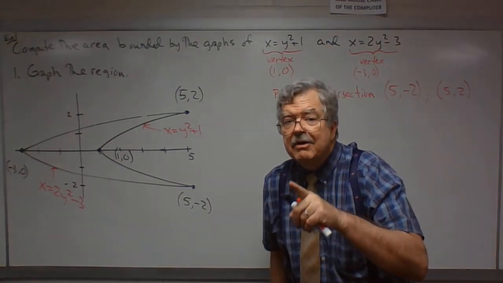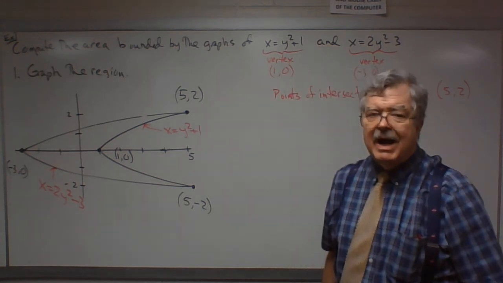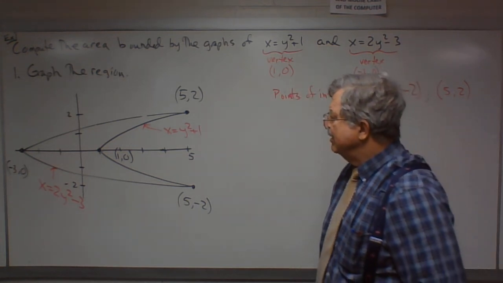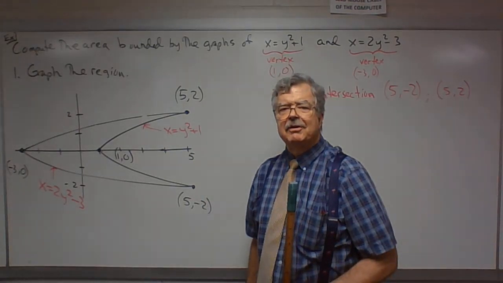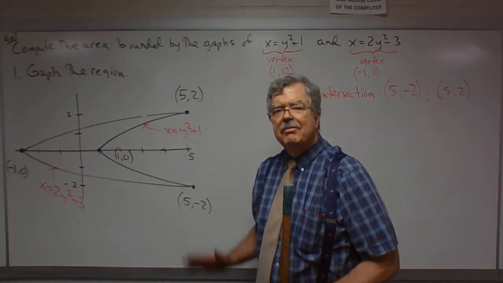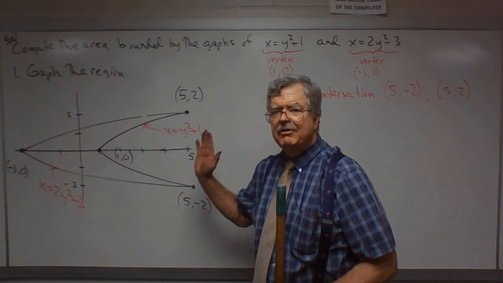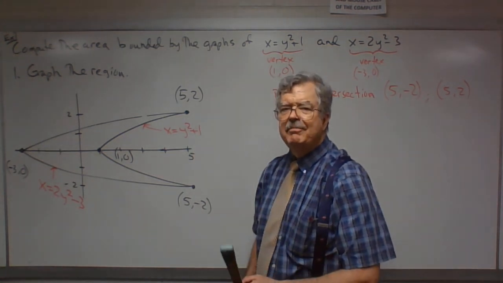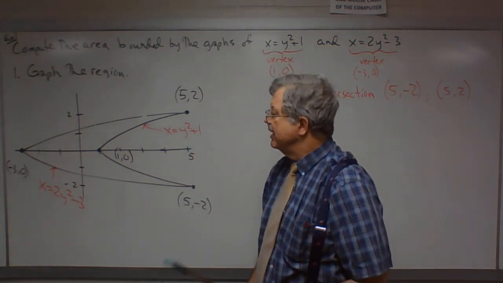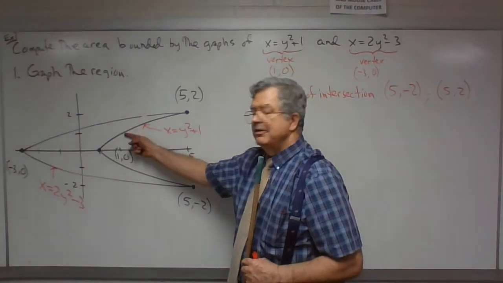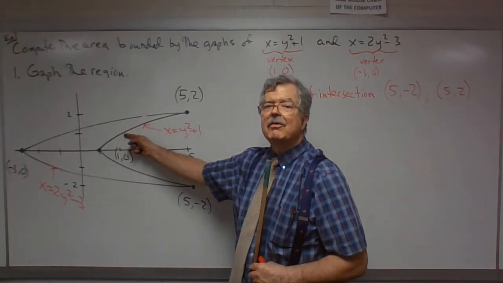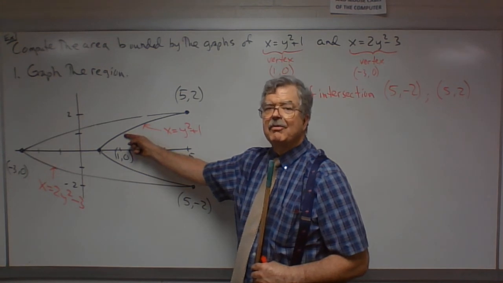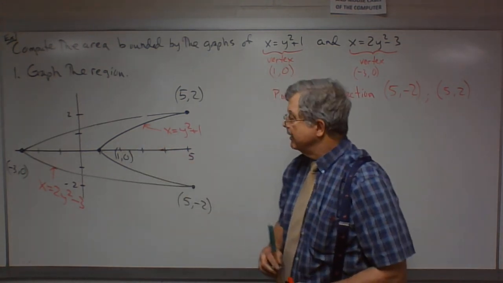But if we integrate with respect to y, we just integrate the greater function minus the lesser. In other words, with x being a function of y, the greater function is the one that lies farthest to the right. The greater function is the rightmost function.